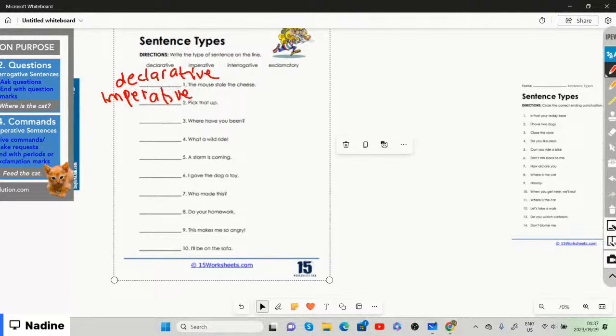Because remember, when it comes to the imperative sentence, it's basically commanding someone to do something, right? You are commanding someone to pick that up. It's like making a request. There's no emotion to it. It's just you telling someone that they need to pick that up.